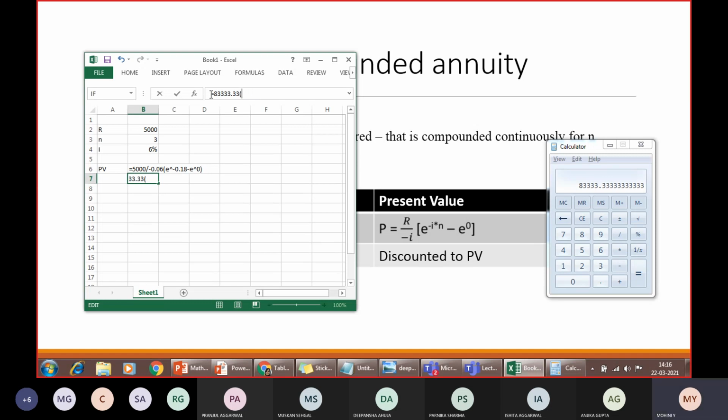ब्रैकेट में e की वैल्यू देखो, माइनस 0.18 कितनी है. Just check your tables. At the end, you'll find the value for e raised to power minus 0.18.